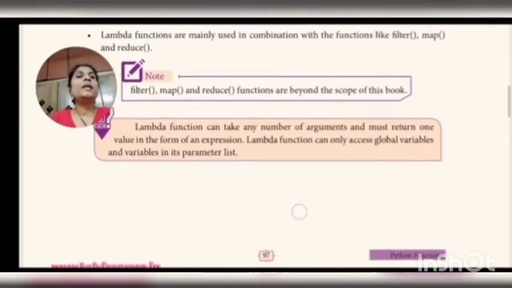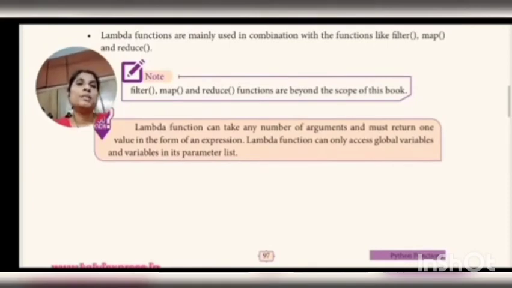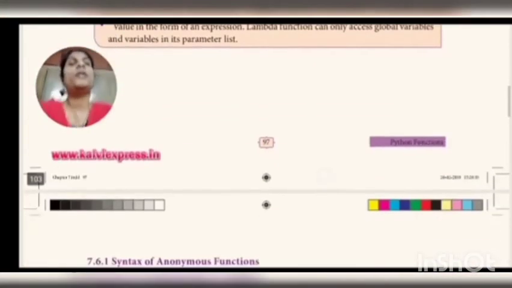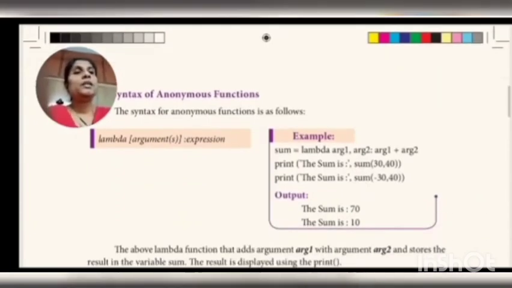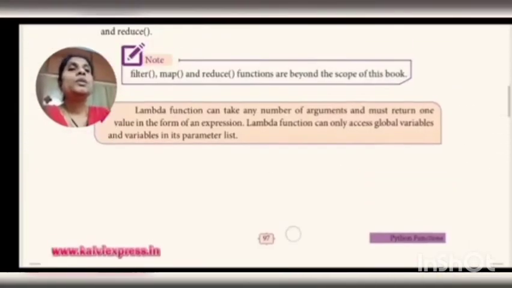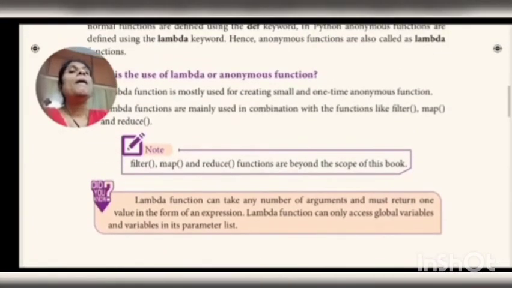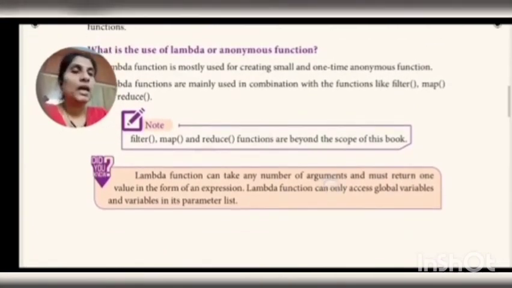It can take any number of arguments, but it must be followed by an expression. So this function looks totally different. You must see here this type of function: sum equal to lambda args1, args2, colon, followed by args1 plus args2. This is the expression. This type of function must have the expression after the colon.